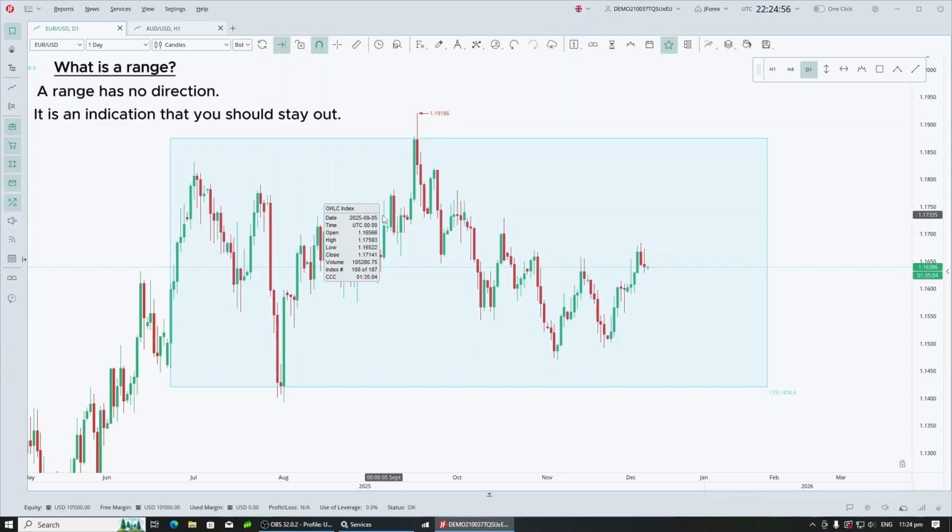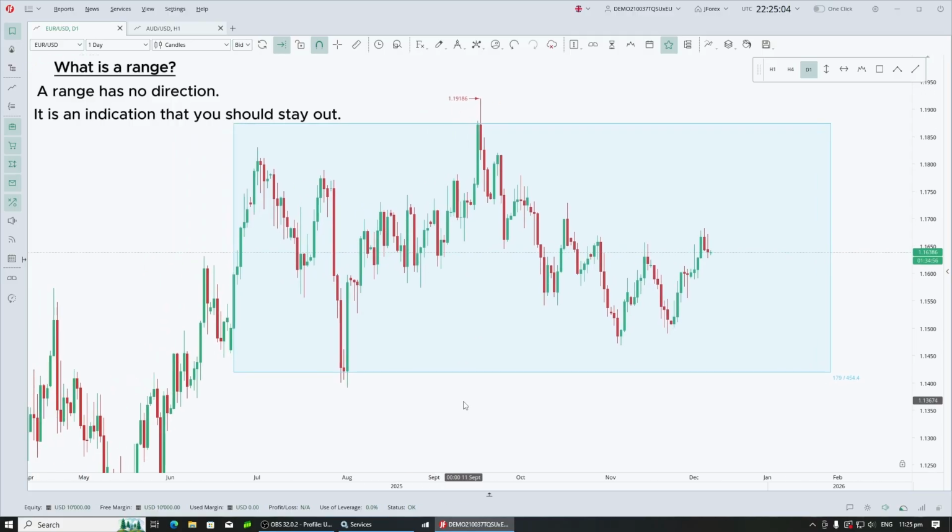Every single market condition affects every single trader, no matter the kind of trader you are. So it is important for you to be able to identify if you are heading to the upside or downside, or you are just moving sideways like this. And once you start moving sideways, you should stay out of the market, as I mentioned earlier.